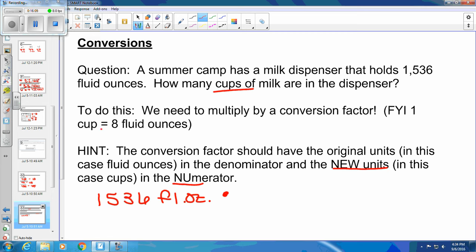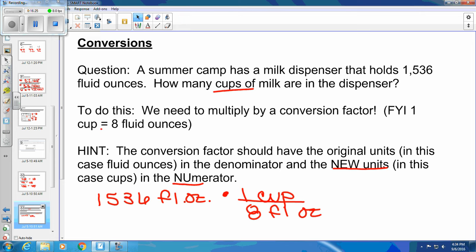So here we go. We're going to put 1 cup in the numerator, which means the 8 fluid ounces goes in the denominator. Now, the nice thing about setting it up this way is that we can see the fluid ounces simplify. Because we have 1 in a numerator and 1 in a denominator. And we can do this when we have multiplication only.